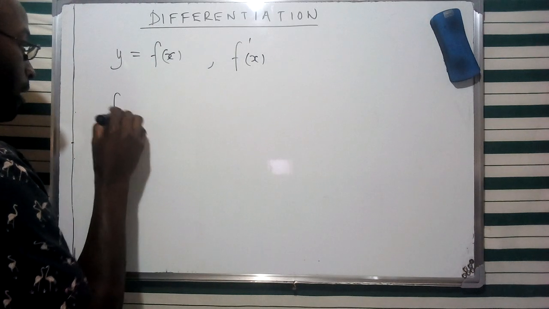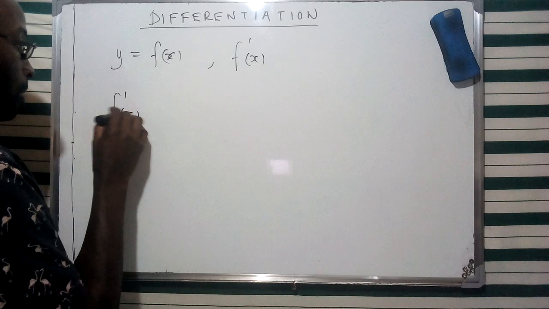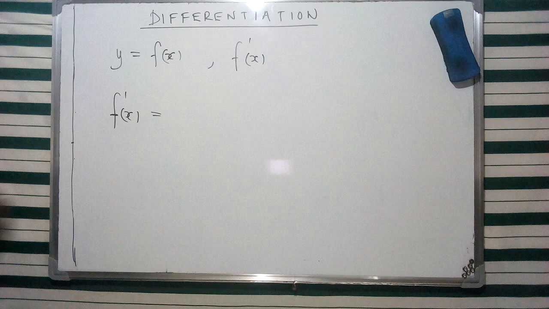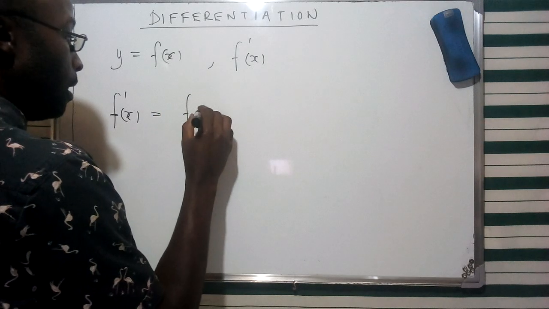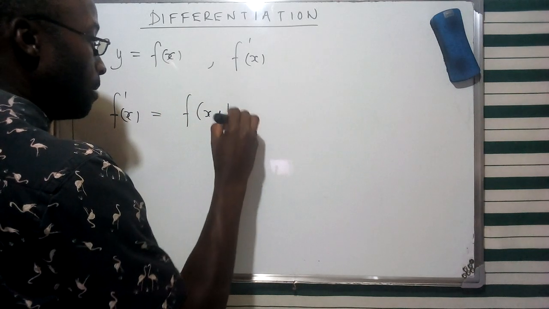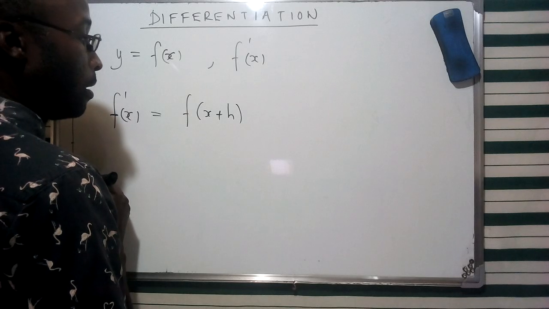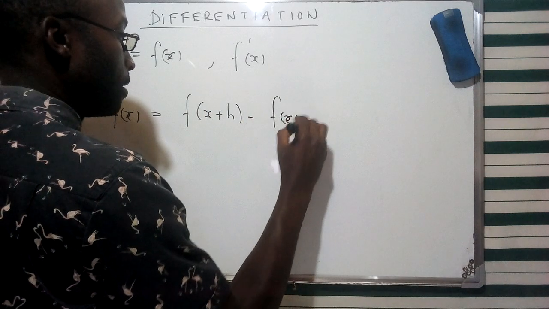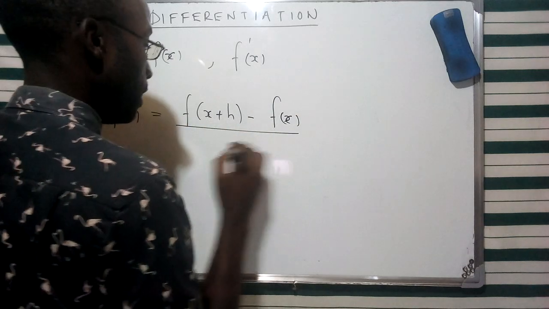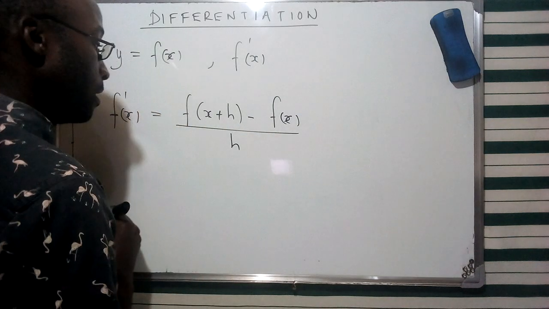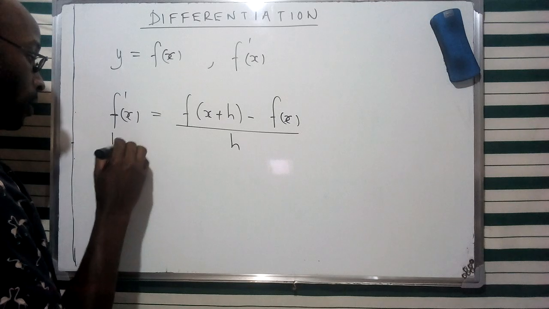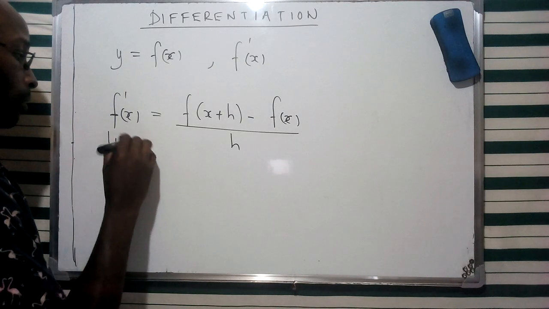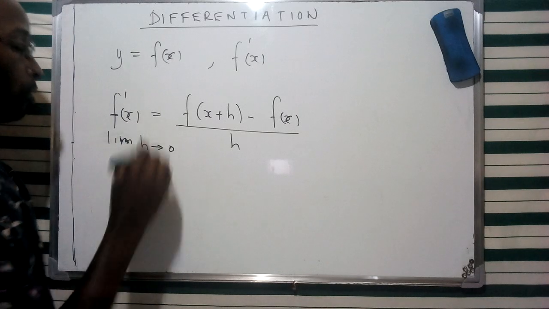We are given an algebraic representation of this function: the difference between f of x plus an increment, h, minus f of x, over the value of that increment h, as the limit as h tends to 0.